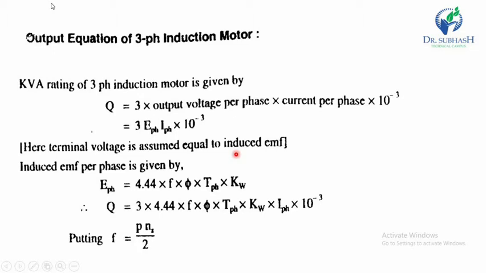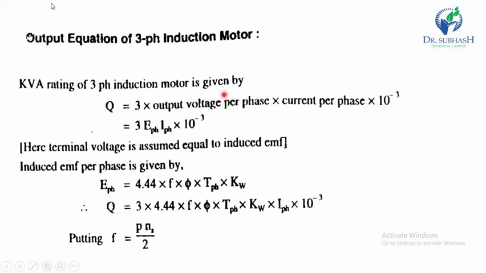Now we derive the output equation of the induction motor. First of all, we have the kVA rating of a three-phase induction motor. So Q is equal to 3 into output voltage per phase into current per phase into 10^-3.